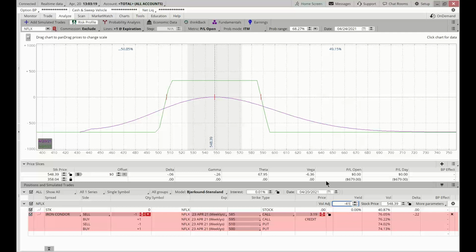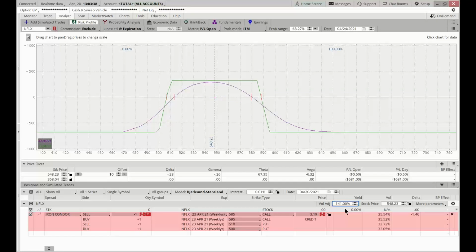What will this risk graph, this purple line, look like if we get 41 points of IV crush overnight, or not overnight, but by tomorrow, end of day? All right, so I put in negative 41. That's the minimum amount of IV crush I expect to get.